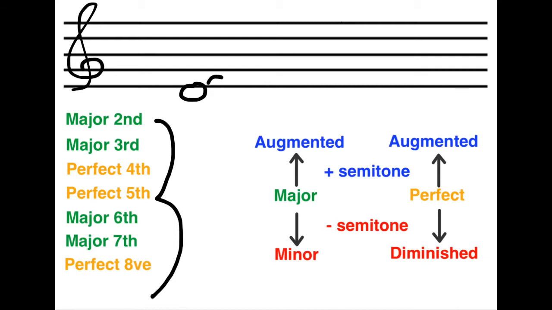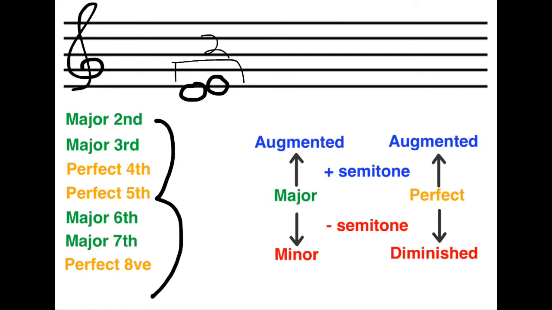D to E. So we're looking for the distance of D to E. The very first thing you do is count how far away the top note is from the bottom note. From the bottom note upwards, D to E is a second of some description, so you should know that this is going to be some type of second.